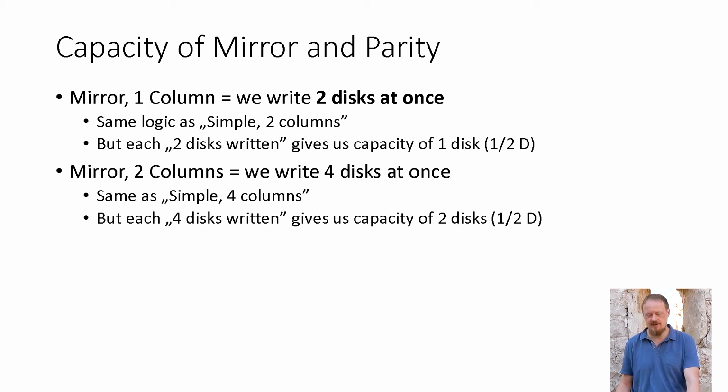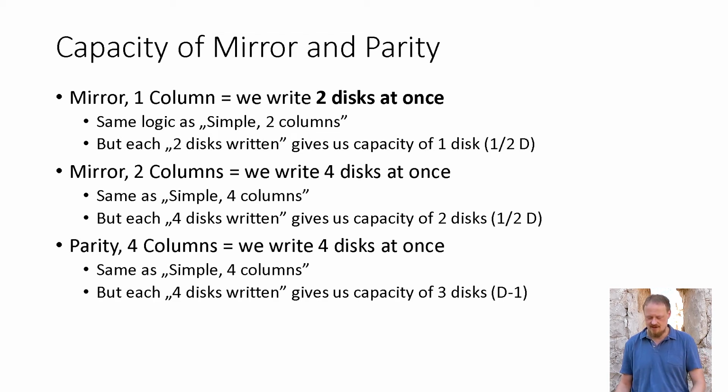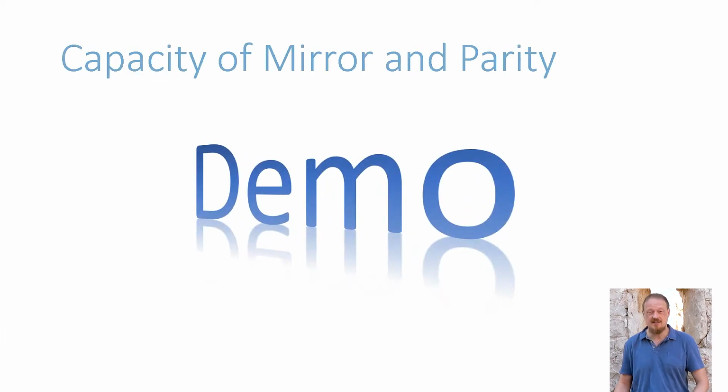So if we have 2 columns in mirroring, we write to 4 disks at once, and it's the same as simple with 4 columns. So in parity, 4 columns, minimum is 3, but let's say 4 columns, we write to 4 disks at once, and one of them is lost for capacity, so we have capacity of 3 drives. Let's see the demo.